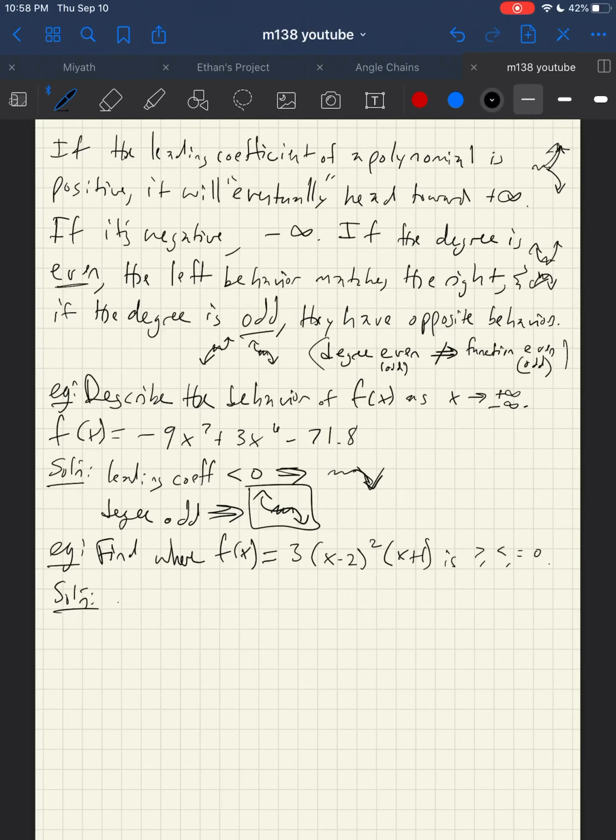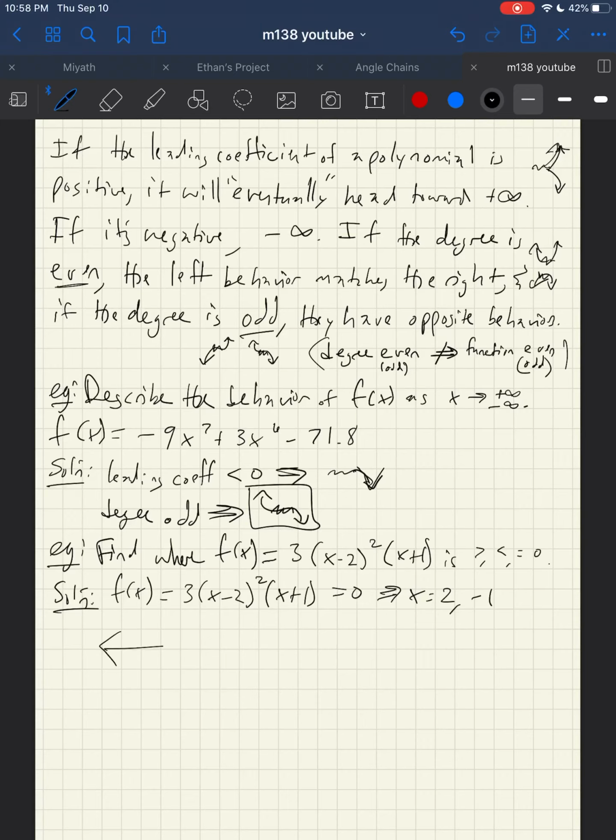So solution, we're going to start with f of x, which is 3 x minus 2 quantity squared times x plus 1, and we're going to set it equal to 0. Okay? So now the zero product property tells us that this thing equals 0 when x equals 2 or when x equals negative 1.